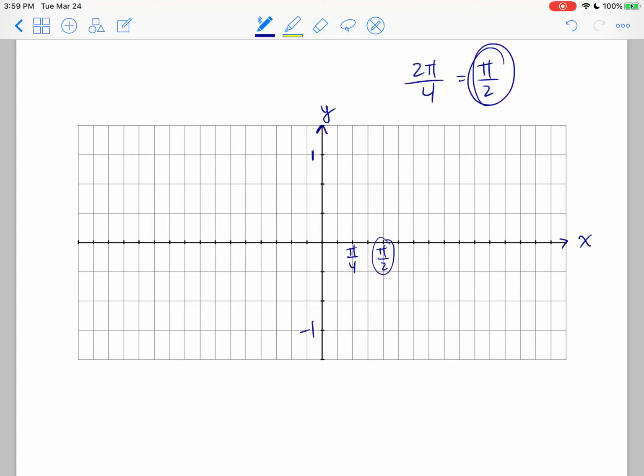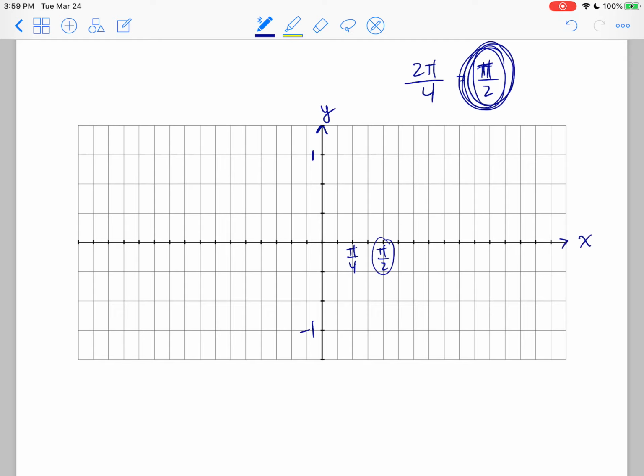Now, when we get to the next problem, in the next video, when we're putting a phase shift with a period change, then I'm going to want to reevaluate this. This is the biggest unit I want to use, but there might be some values with the phase shift.